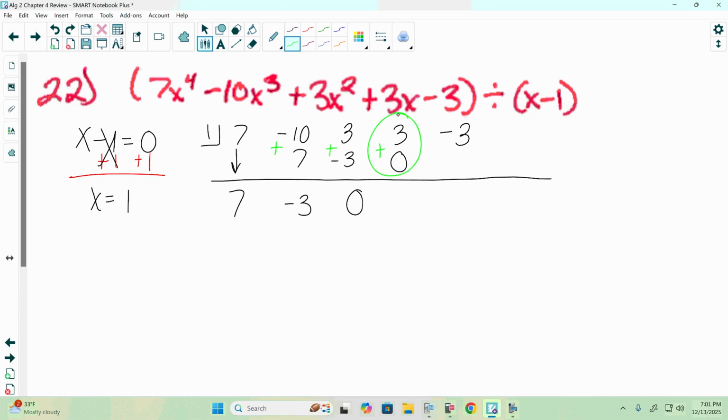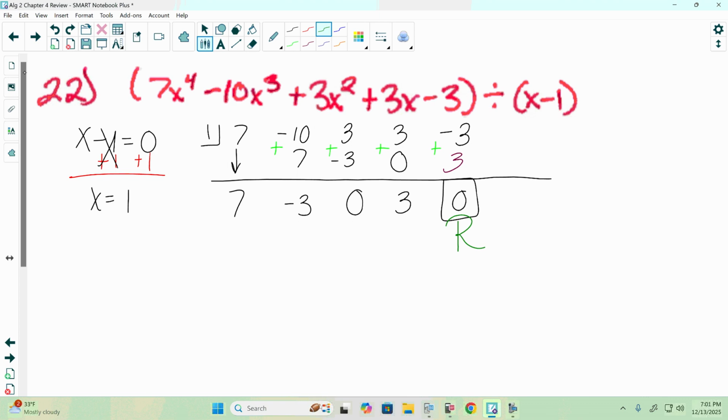We're going to add the 3 and 0, and 3 plus 0 is 3. And lastly, we're going to multiply 1 times 3. Our 1 times 3 is positive 3. Last but not least, we're going to have negative 3 plus 3, and negative 3 plus 3 is indeed 0.